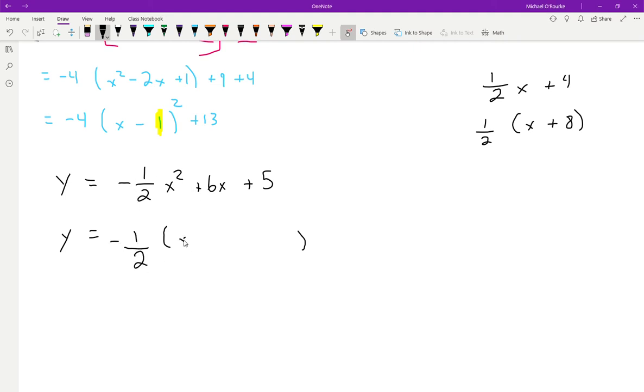So that'll leave me with x squared. You're right, it's going to be 12, but since we took a negative out, everything in here is going to change signs. So that's going to be negative 12x. Okay? Then I'm going to leave my plus 5 on the outside of my bracket, since I don't need it to complete my square. Okay?